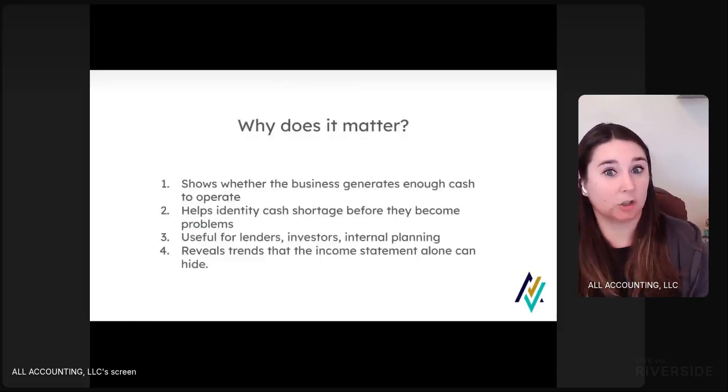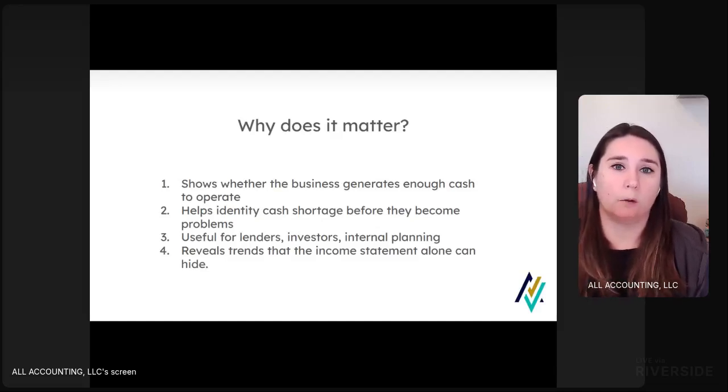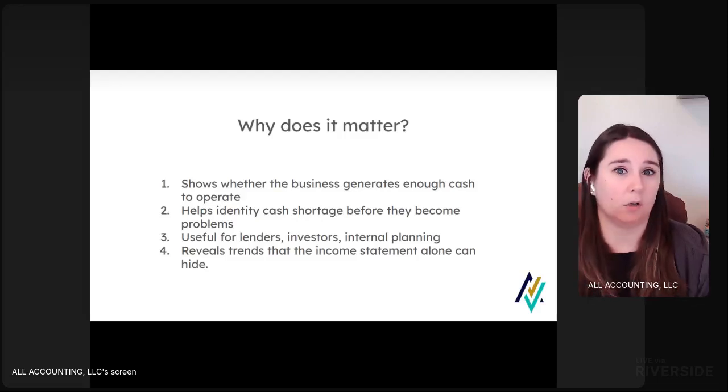Why does this actually matter? This matters because it really helps show how much cash is being generated from business operations, and it will tell you if your company is truly self-sustaining or not.